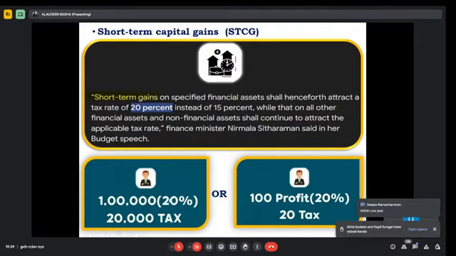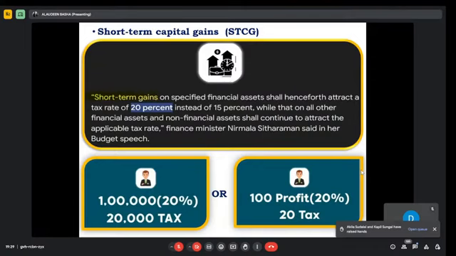Even 1 lakh rupees, the same 20%, or even 1 crore or more than 1 crore profit, the same 20%. There is no change based on the profit. For every profit from 1 rupee to unlimited, only 20% tax applies for short-term capital gain. Is it clear? Any doubt in short-term capital gain?